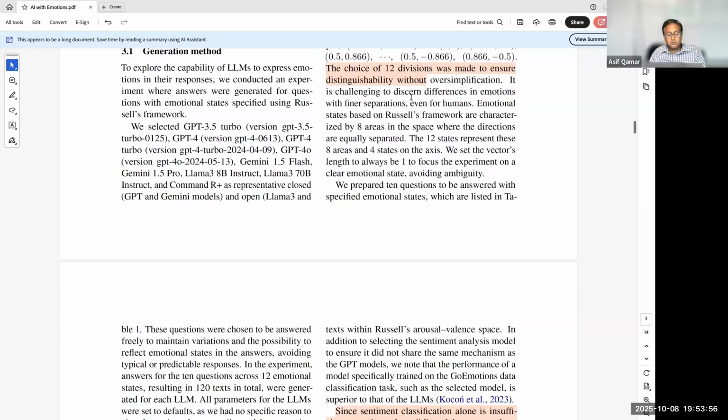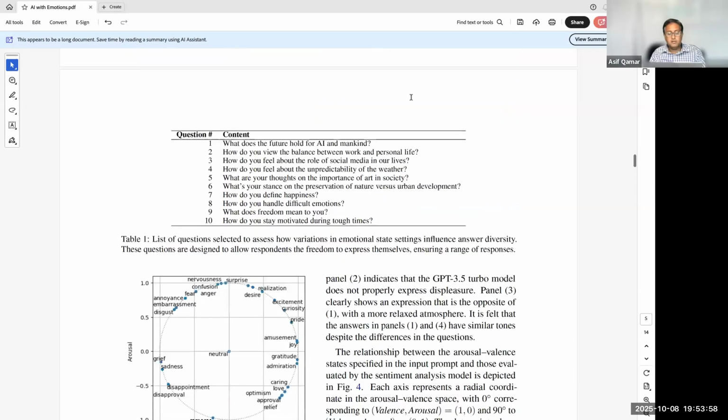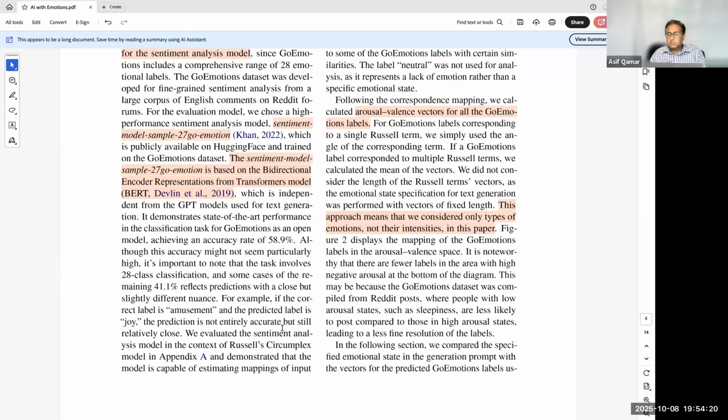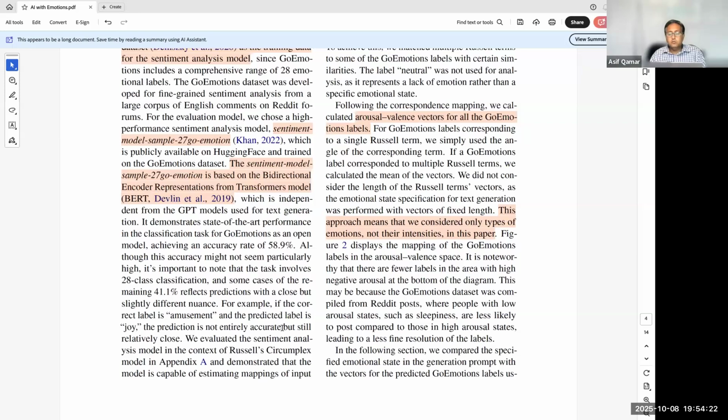That is the diagram I was showing you just before. This is prior work, mapping the GoEmotions data set into the Russell's model. How it is done, yes, you can go a little deeper and understand, but we stay at the level that the mapping is done. Then you can easily visualize it. It's basically a comparison.